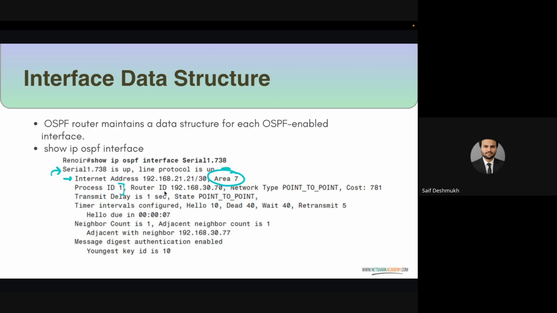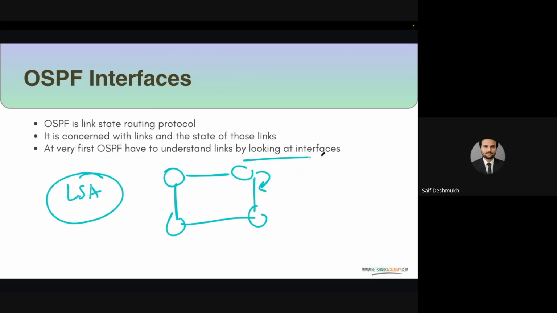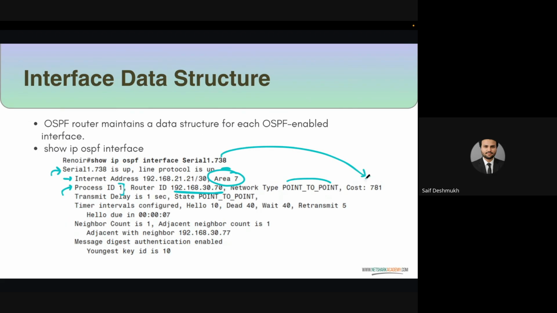On the whole router, for process ID 1, we are using this router ID. The network type is point-to-point. Forget about the other cost; I'm talking about the local link, the router, when we initialize it and first look at its own interface. The cost is 781. The high cost is because of the serial links.